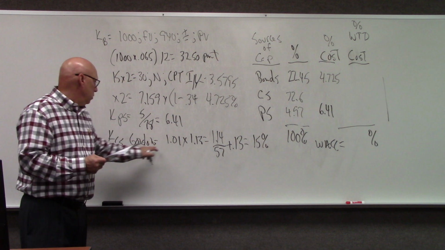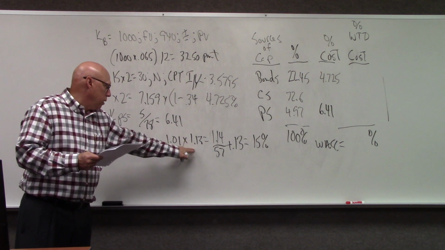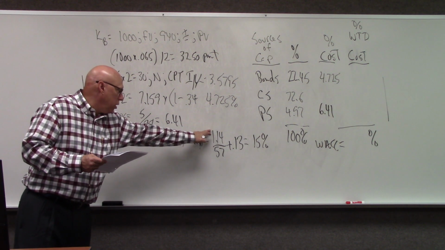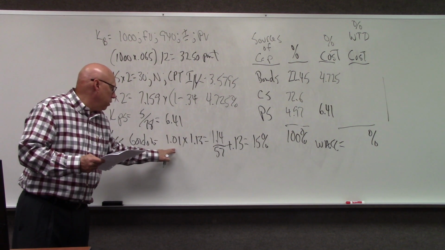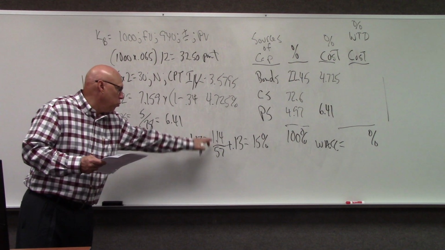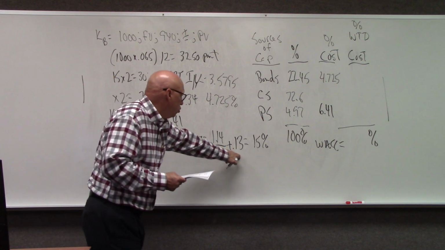Okay? D0 times 1 plus g equals D1, divided by P0, plus g.